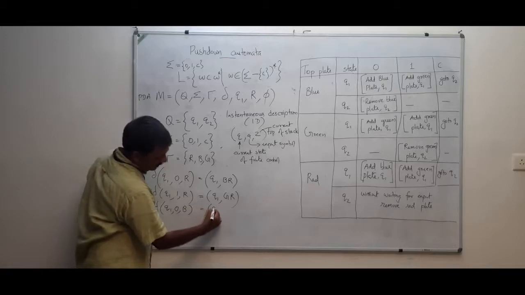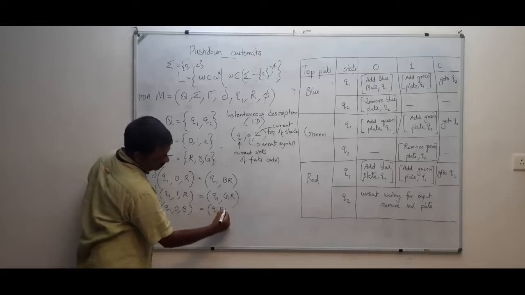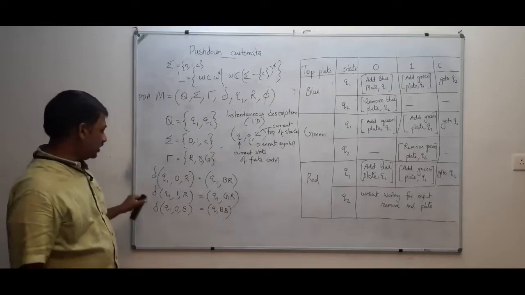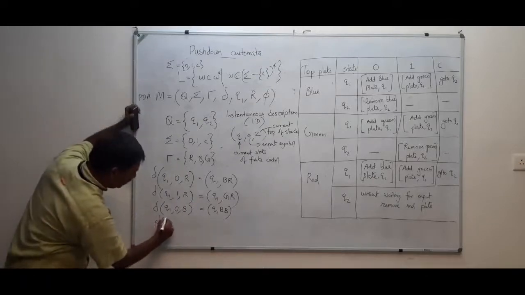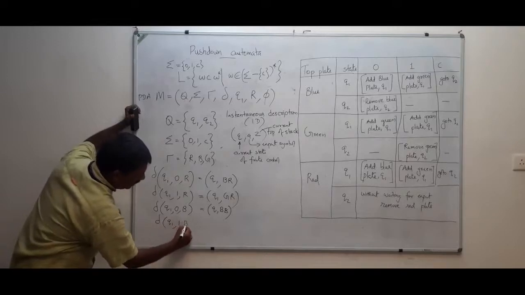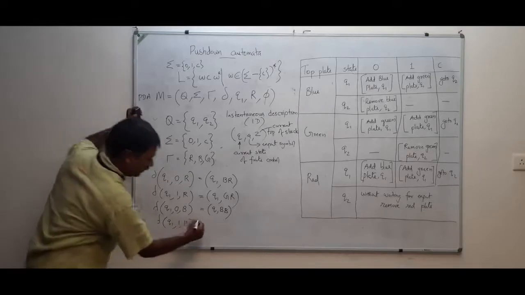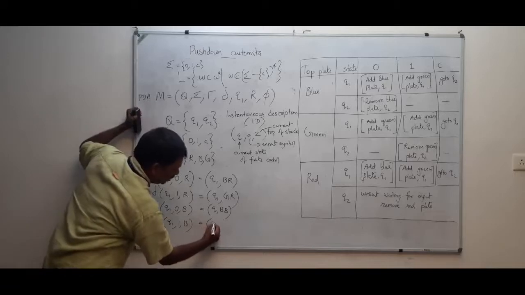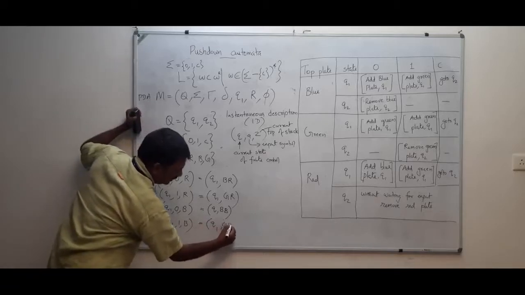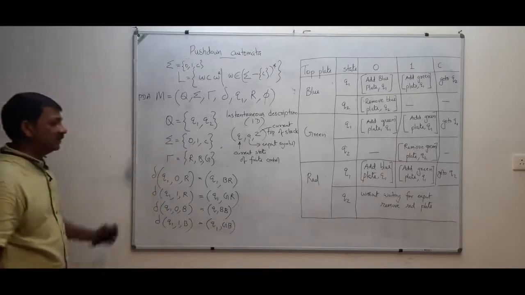Again it stays in the same state Q1 and you are adding BB. And suppose in state Q1 there is a 1, and the current top is blue, what will happen? It stays in the same state Q1 and a green plate is added, that is GB.